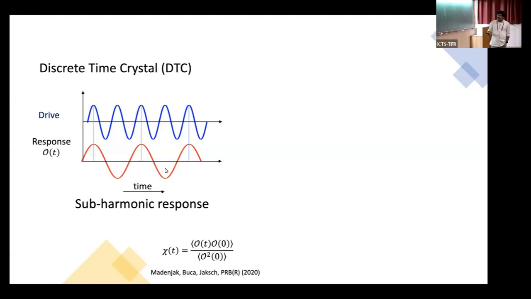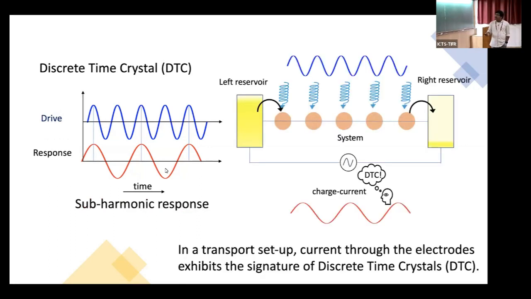Let me emphasize that this is one of the most important defining characters of discrete time crystals. And the simple message I'm going to convey is that in a transport setup, current through electrodes can show the signatures of discrete time crystals.